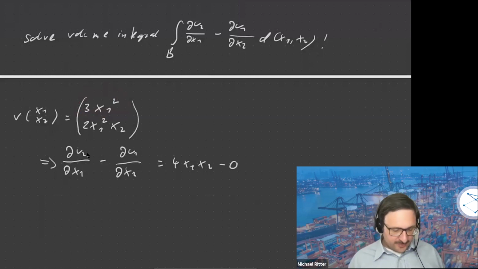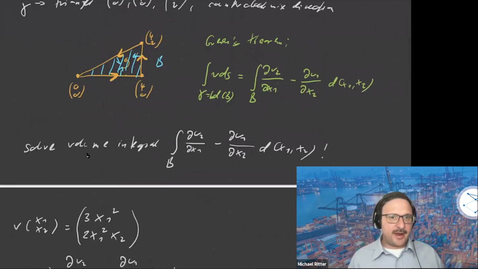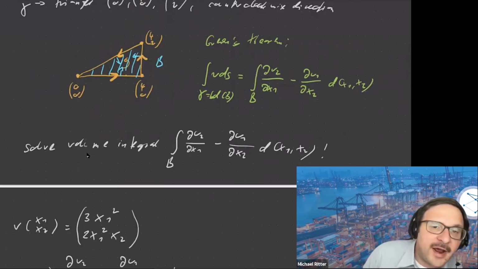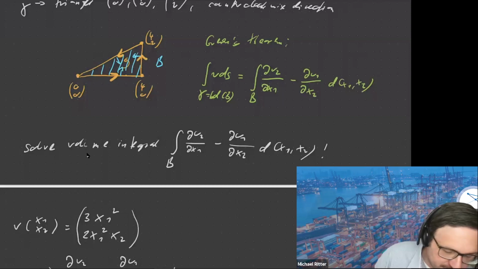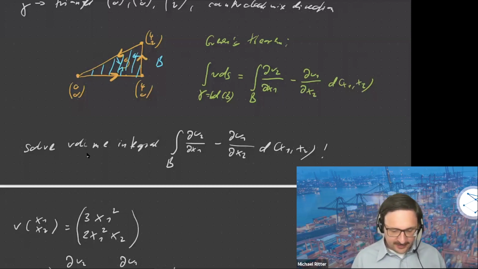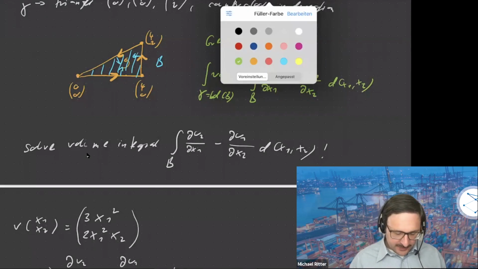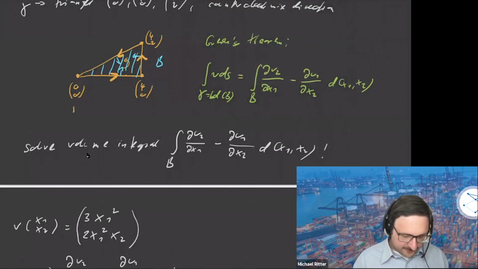And now we need a representation for B. Remember, B is that triangle here. As you might remember, triangles can easily be represented as normal domains usually. And this one is particularly easy. So what we have here is x1. x1 varies between these two bounds here.